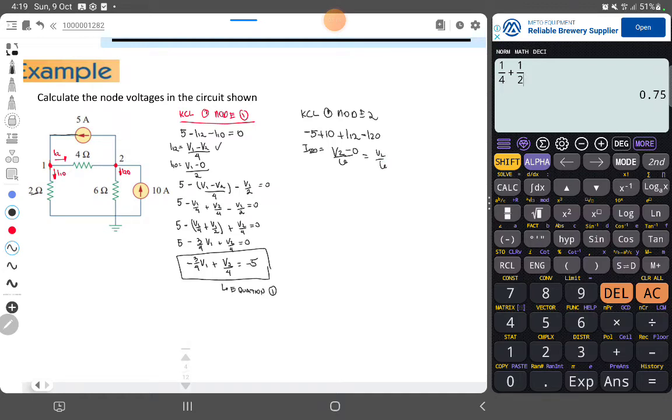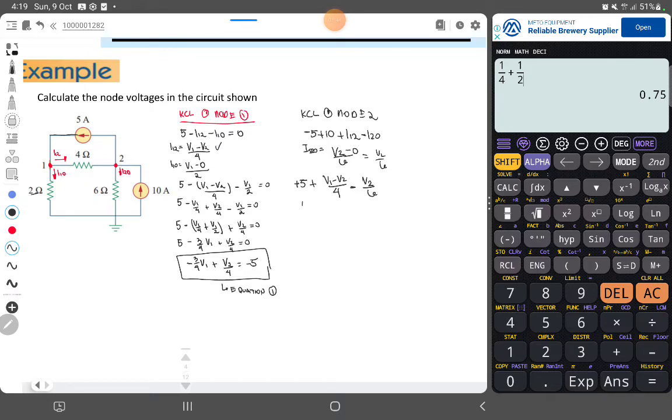So from that, I have negative 5 plus 10 is positive 5, right? So plus my I12, which is equal to V1 minus V2 all over 4, minus my I20, which is equal to minus V2 all over 6.